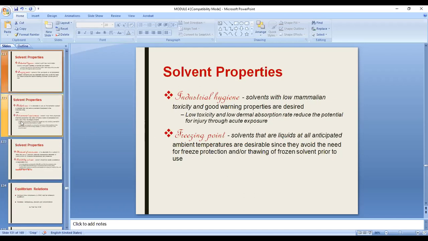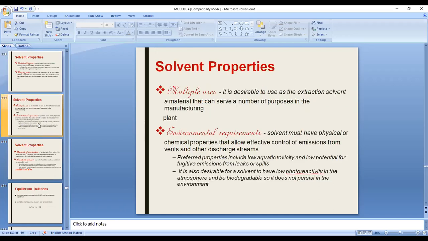Okay, so it's not a concern here in the Philippines. So multiple use as much as possible. We want our extraction solvent not just to be limited in terms of use in our extraction process, but could also be used in the other parts of the processes in the plant or in other areas of processing in the plant.